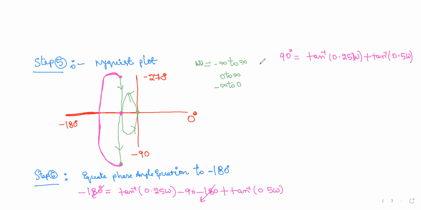For omega, we need to apply a trigonometric formula in order to solve this equation. So apply tan on both sides. So this becomes tan 90 degrees equals tan of tan inverse 0.25 omega plus tan inverse 0.5 omega.